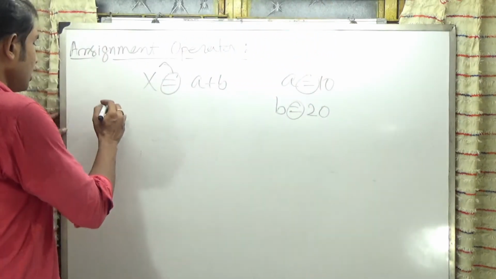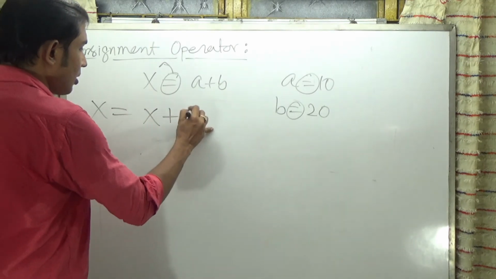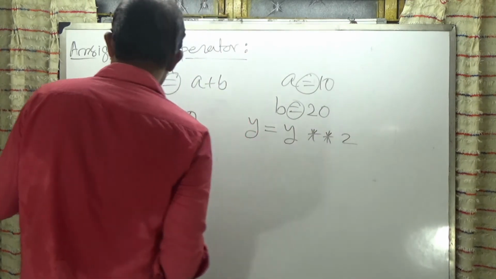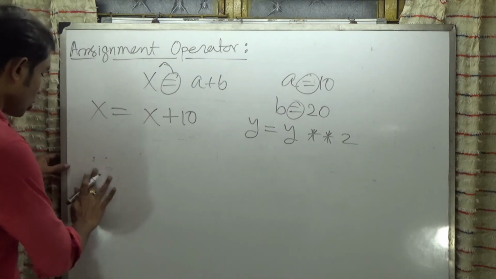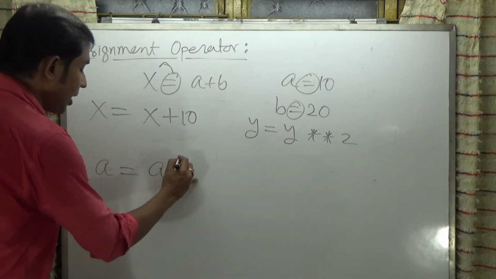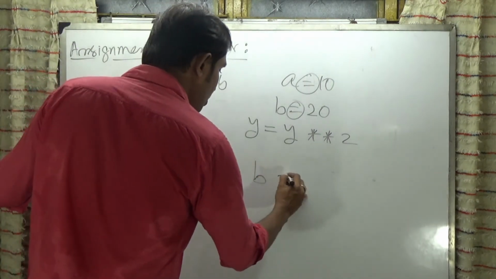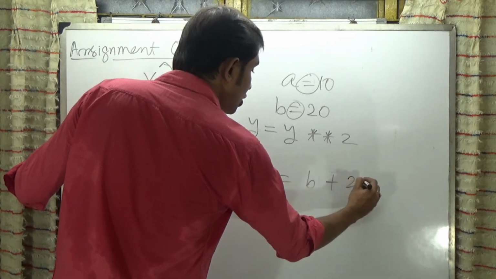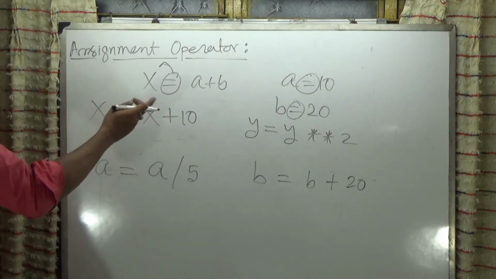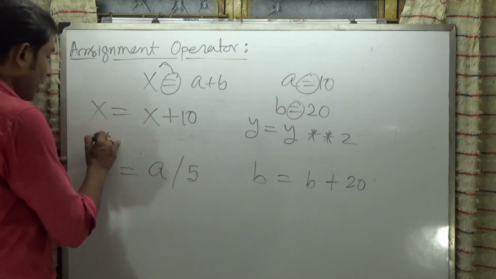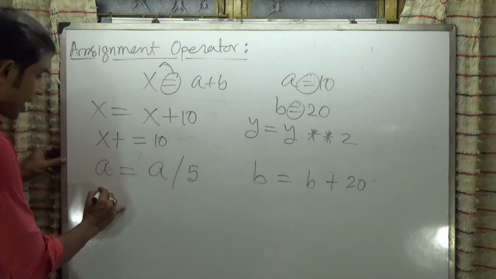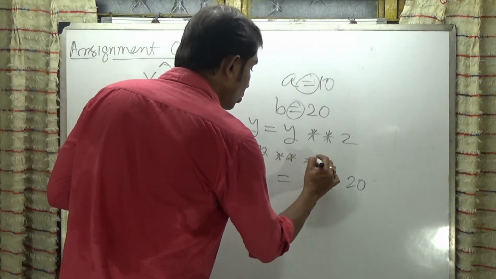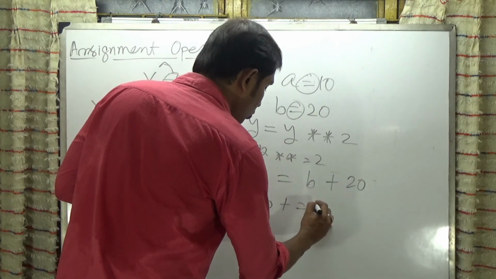If the expression is x equals x plus 10, y equals y exponent 2, or a equals a divided by 5, or b equals b plus 20, then all these expressions we can write in the form of x plus equals 10, a division equals 5, y exponent equals 2, or b plus equals 20.